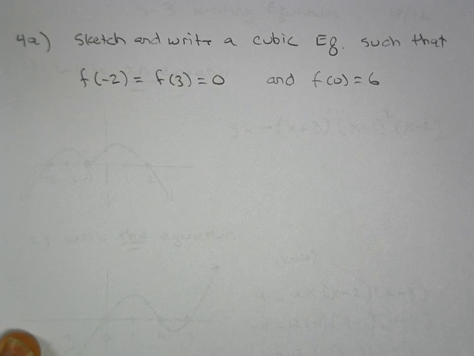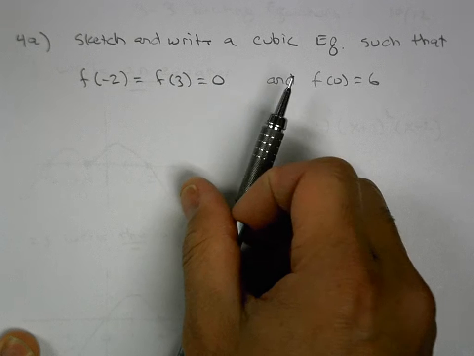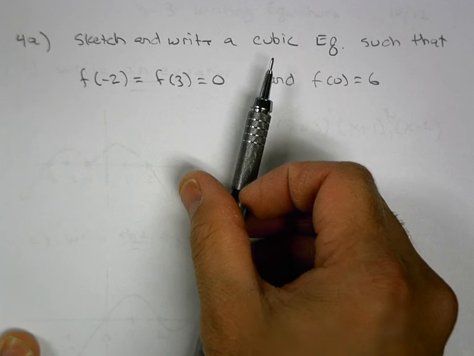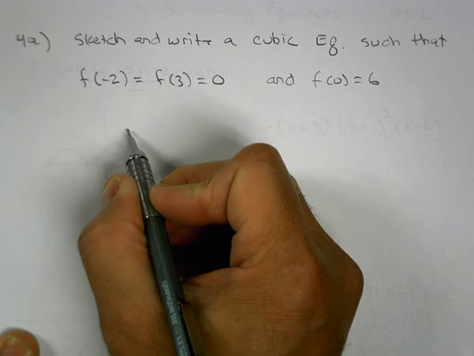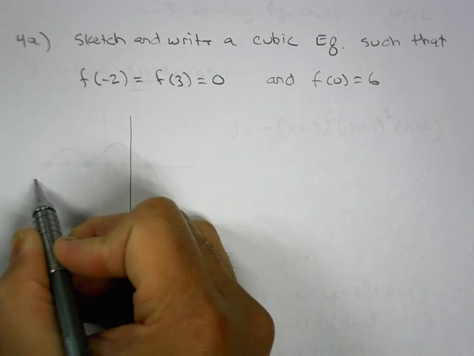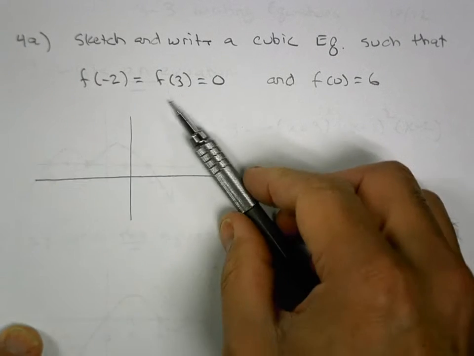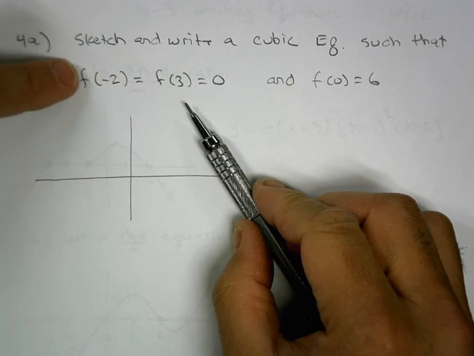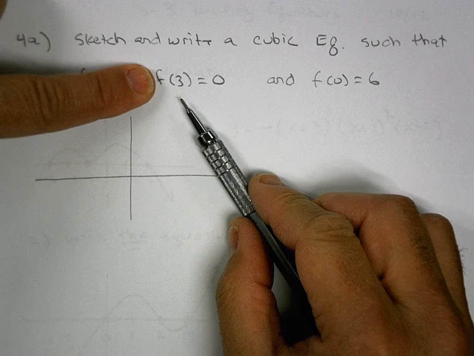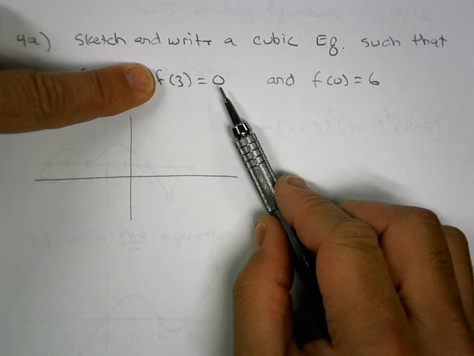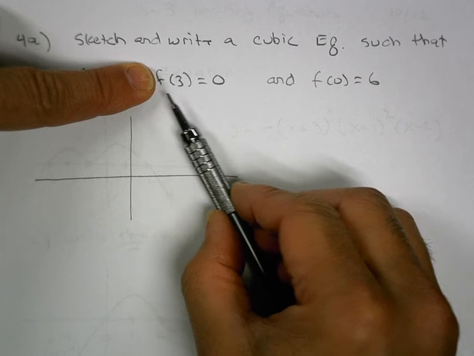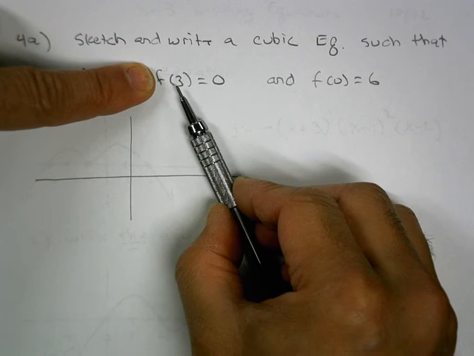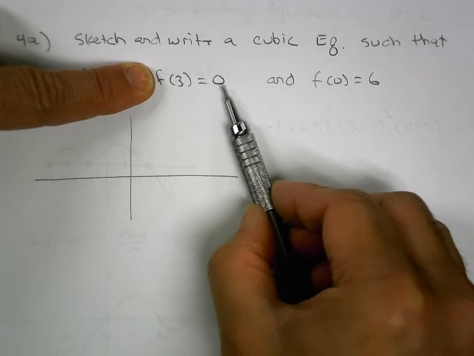So what's the degree of a cubic equation? 3, third degree. All right, let's see what we have here. So we have to sketch it. f of 3 equals 0. Where do I plot that? f of 3, 0. f of x, so x is 3, y is 0.